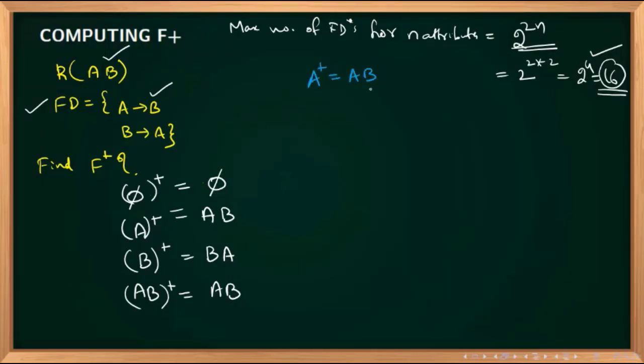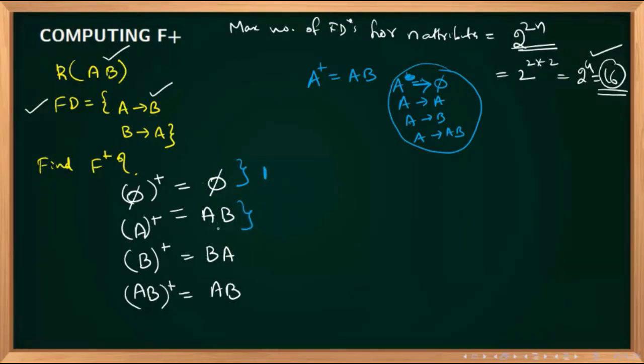It means A determines ∅, A determines A, A determines B, and A determines AB. So how many functional dependencies will this be? All are correct, so it will be 4 functional dependencies.